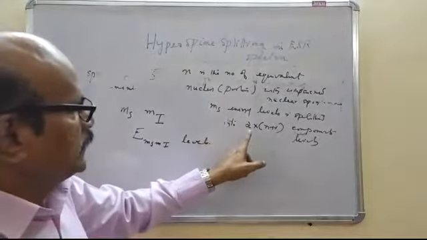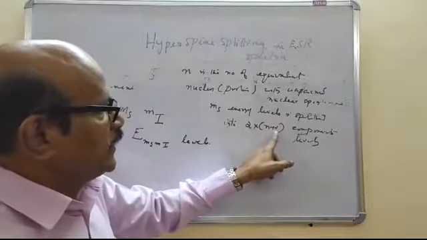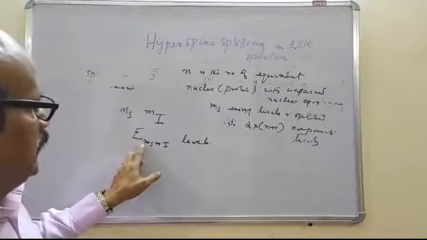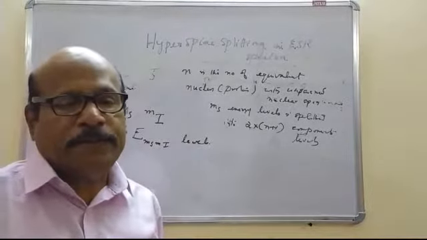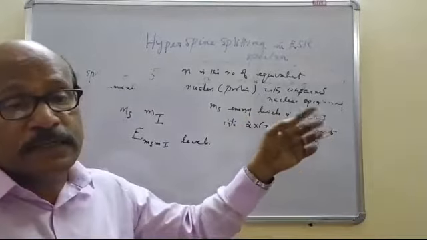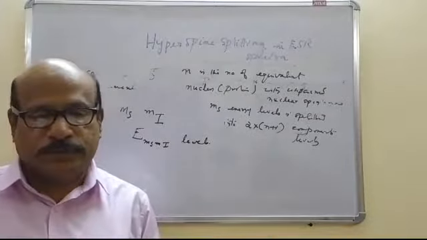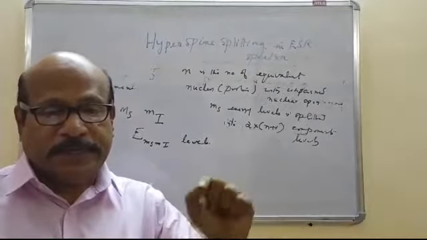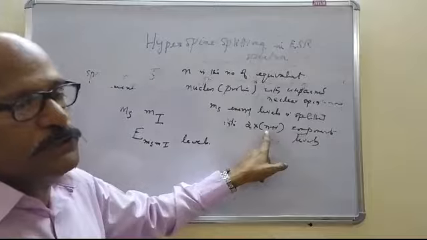There are 2 into n plus 1 energy levels, where n is the number of equivalent protons or nuclei with resultant spin, that is, I not equal to 0.